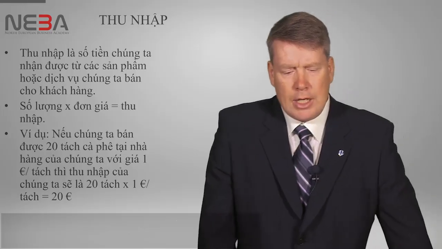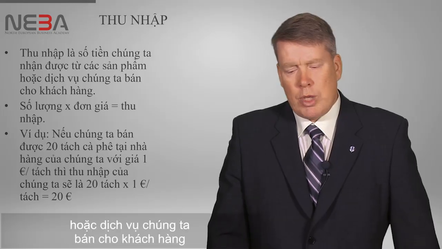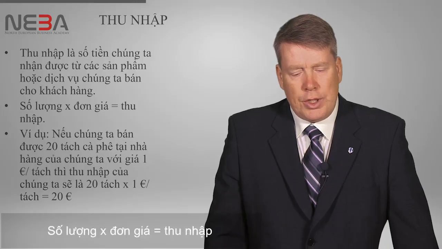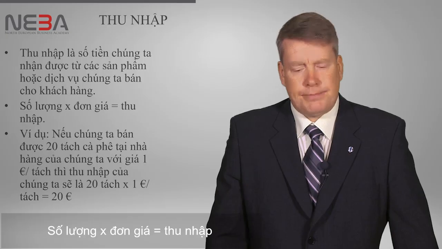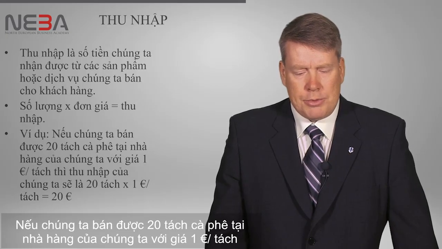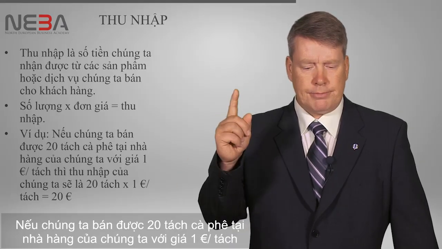Income. Income is the money we get from our products or services when we sell them to our customers. Units times euros per unit is income. Example, we sell 20 cups of coffee in our restaurant at €1 per cup.